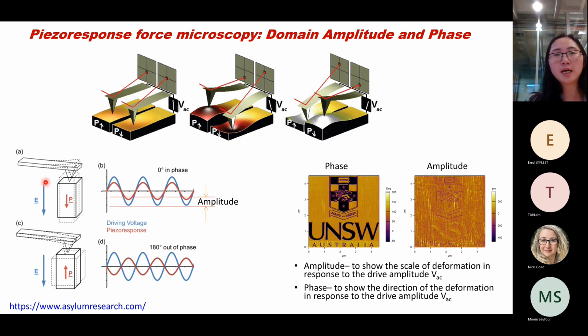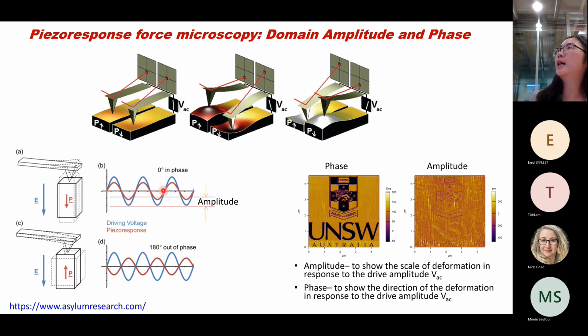And how can we visualize these domain structures? We use a technique called piezoresponse force microscopy. In this technique, we have a conductive probe scanning on the film surface while applying an AC bias.